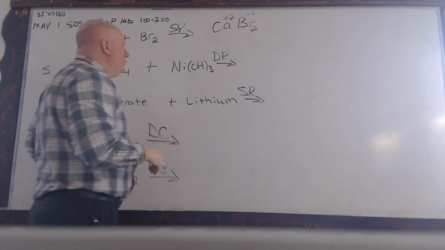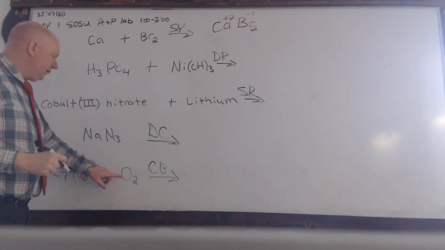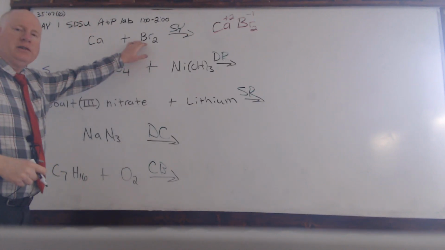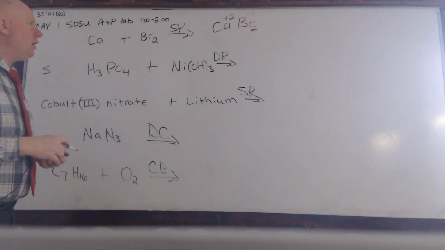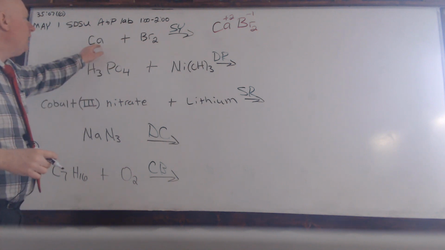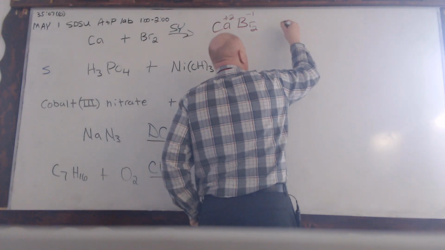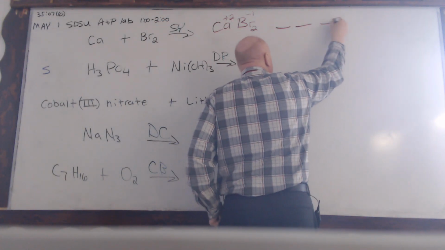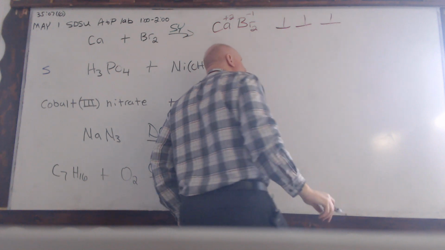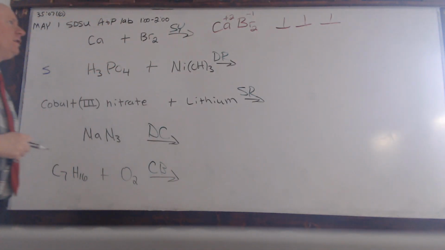Okay, and then notice halogens and gases. Here's a gas and here's a halogen. When they're by themselves, those are diatomic. So nothing has changed here. We've got 1 calcium on each side and 2 bromines on each side. So that is balanced. Sometimes that happens. You just get 1, 1, and 1. Okay.